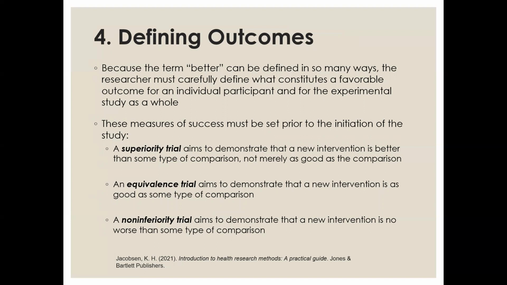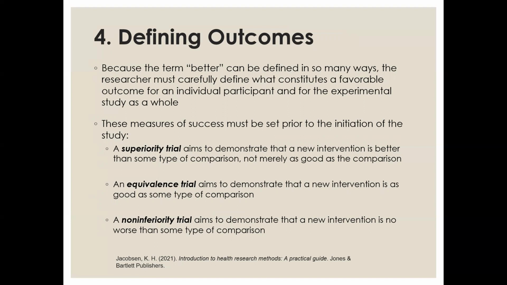And then you want to define outcomes, right? What are you looking for? Are you looking for a clinical trial that does superiority, which says that your new intervention is better? It's like hypothesis testing, no difference or directional difference. So are you wanting to say your new measure is better? Equivalence says, well, my measure is just as good, right? My protocol is just as good.